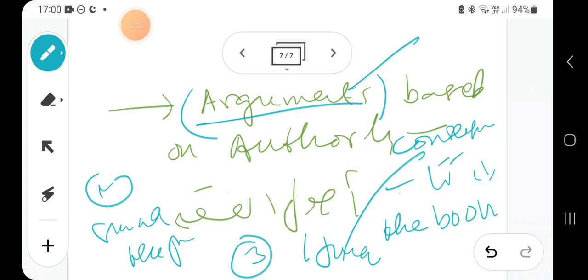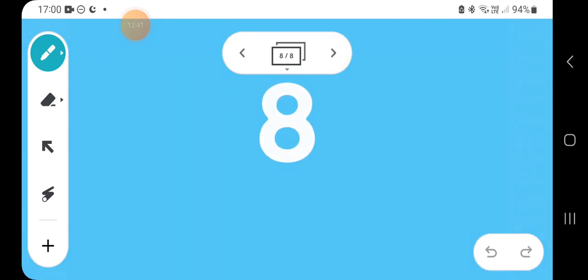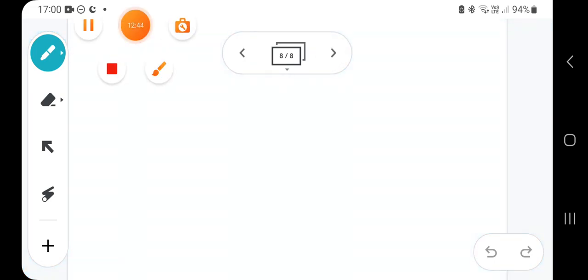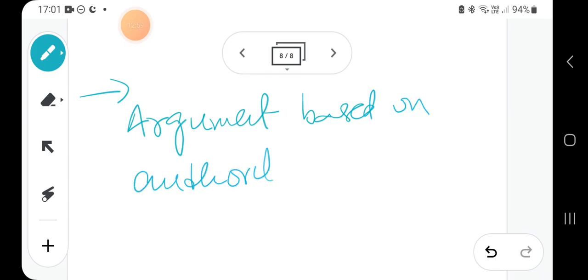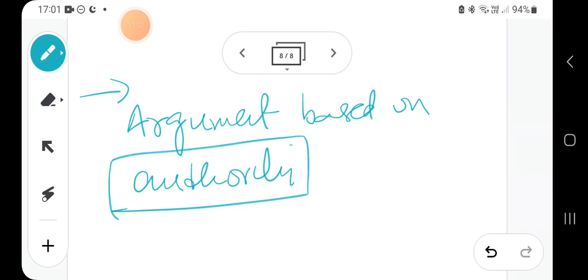Now, there are two things which we should remember when we are saying these are based on authority. One I already mentioned, but there's another one which is normally ignored. So, argument based on authority, which is not a good word in the context of modern civilization, but anyway, argument based on authority, or naql.